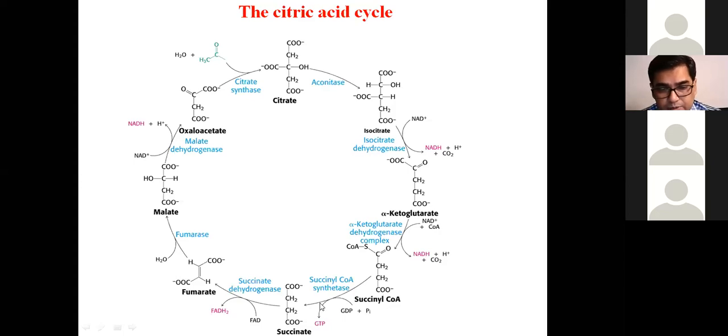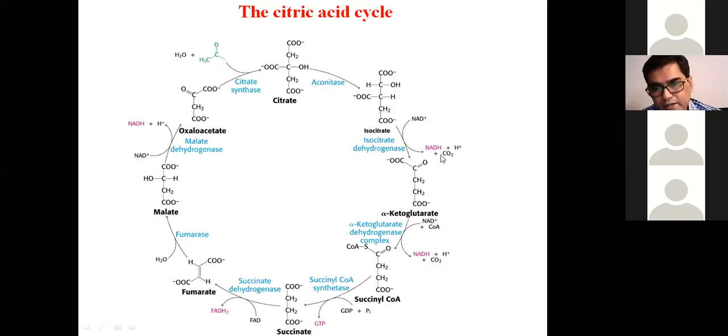The succinate undergoes oxidation again in the presence of succinate dehydrogenase, converting it into fumarate, fumarate giving rise to malate, and malate oxidized to oxaloacetate. Again, this oxaloacetate combines with acetyl CoA, generating the second round of the TCA.